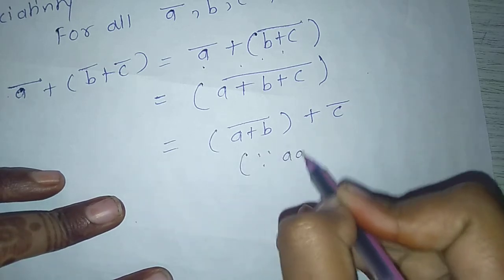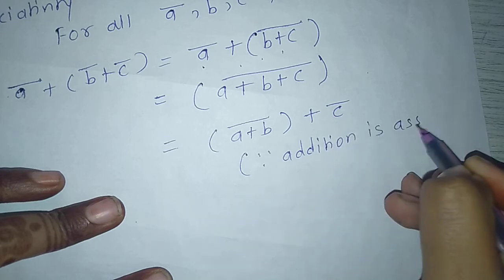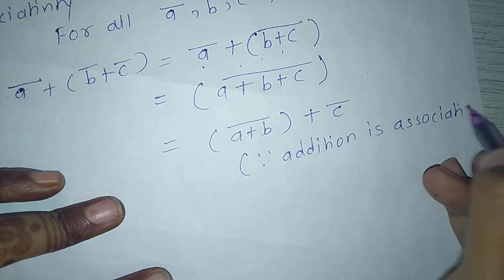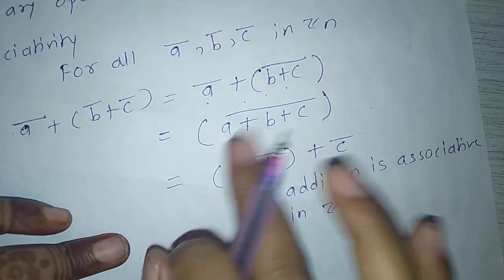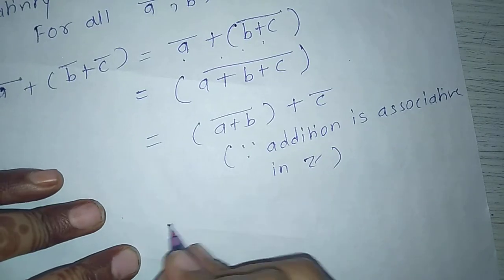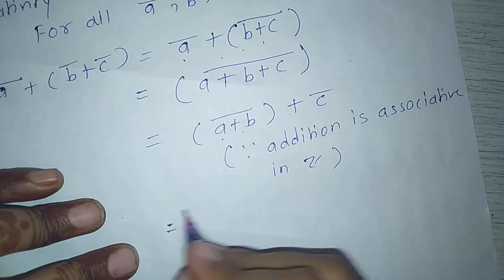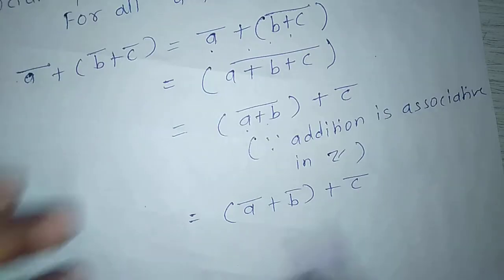Since addition is associative in Z, because these numbers are nothing but integers, this is equal to A plus B whole bar plus C bar, that is, A bar plus B bar plus C bar.